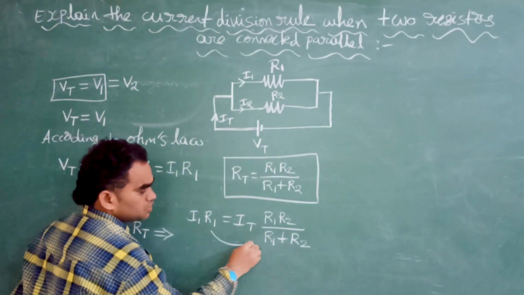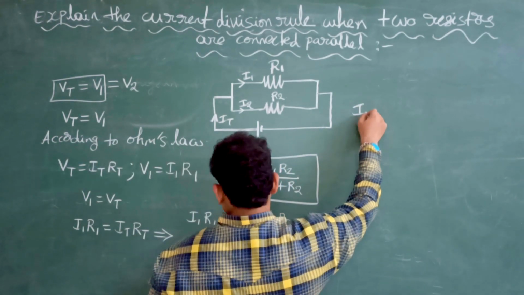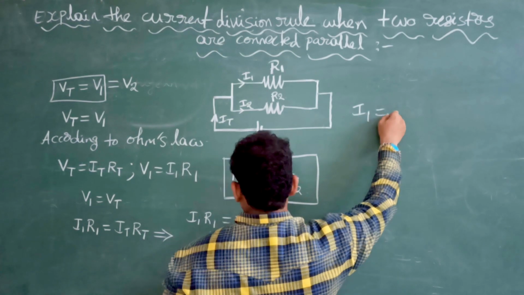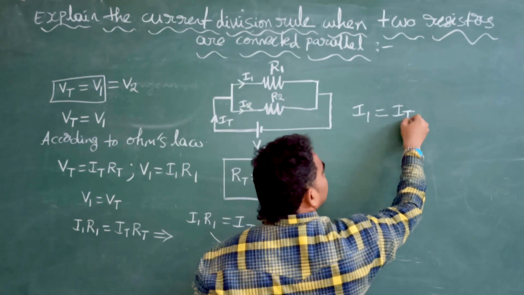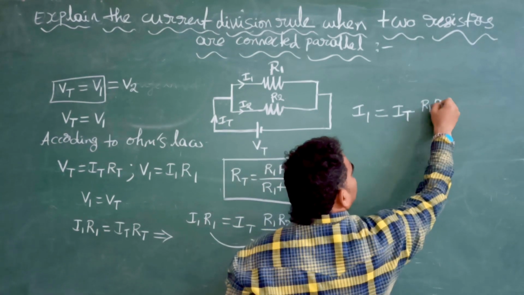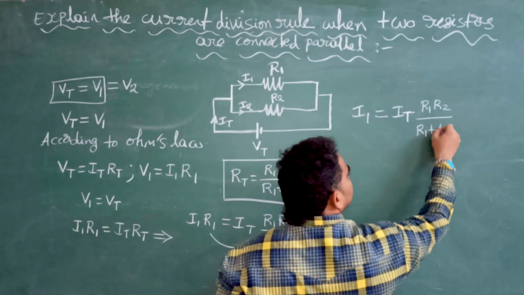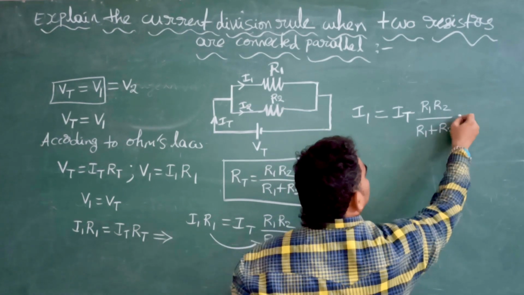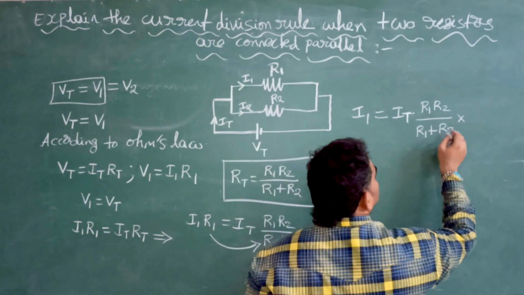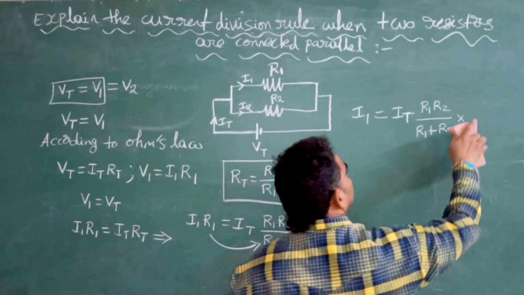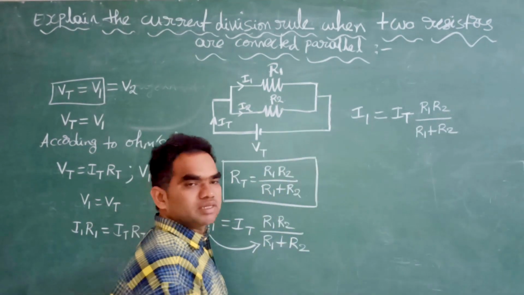This R1 comes to this side. I1 is equal to IT R1 R2 by R1 plus R2, into this R1 which comes to this side.